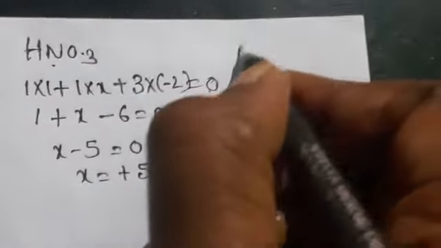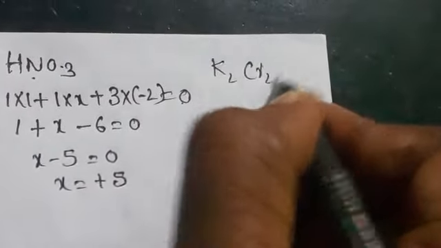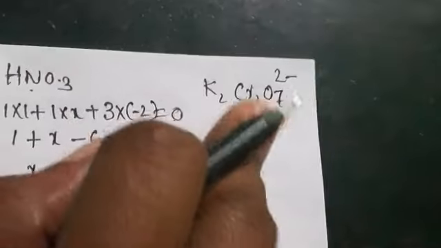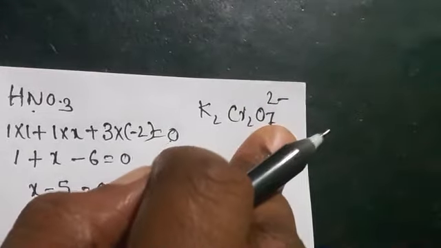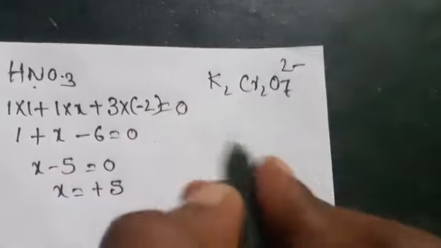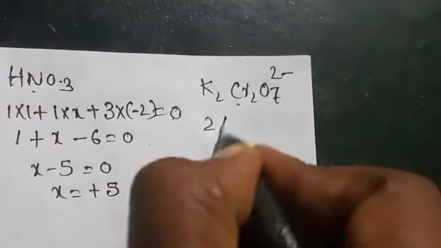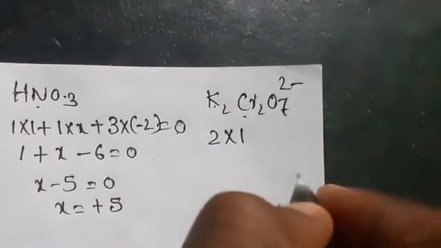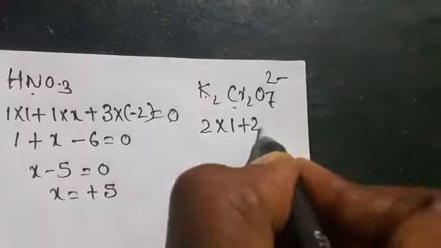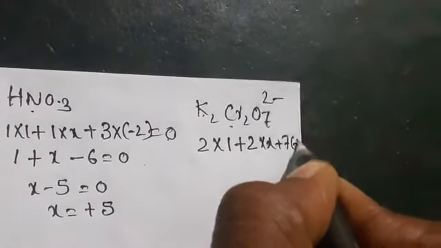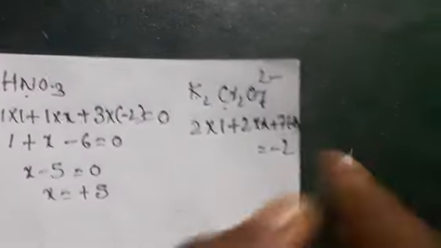In the same way, if you take K2Cr2O7 with 2 minus. Up to now there are no charges, but here, in the presence of O7, you have 2 minus. You have to find the oxidation state for chromium. 2 into 1 is the oxidation state for potassium, 2 into x plus 7 into minus 2 is equal to minus 2.